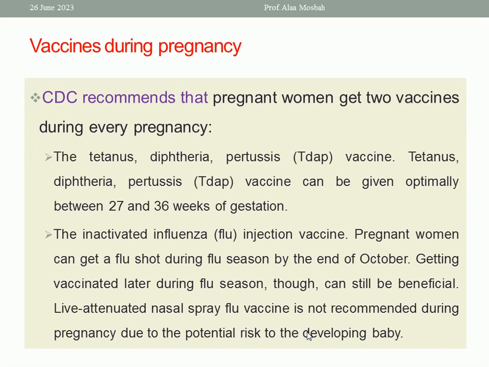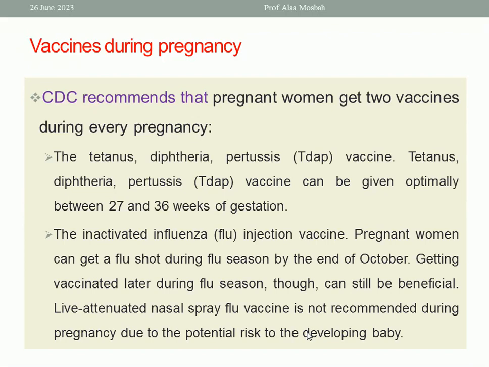Pregnant women can get the flu shot during flu season by the end of October. But you should know that the live attenuated nasal spray flu vaccine is not recommended. So I'm not giving the live attenuated nasal spray flu vaccine, but I'm going to give the inactivated one.